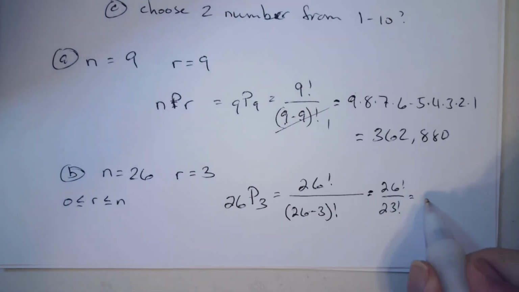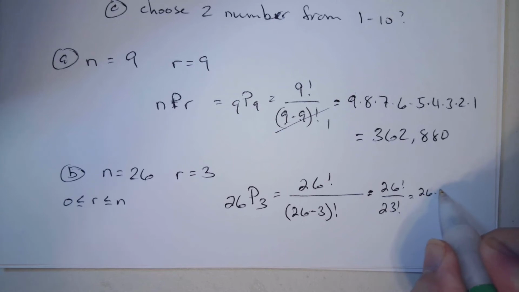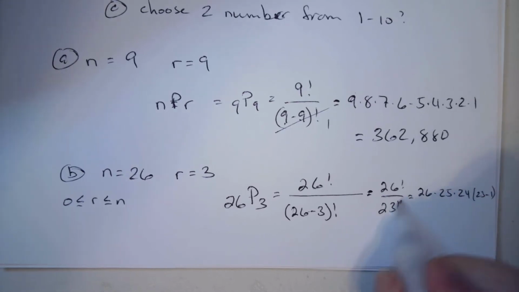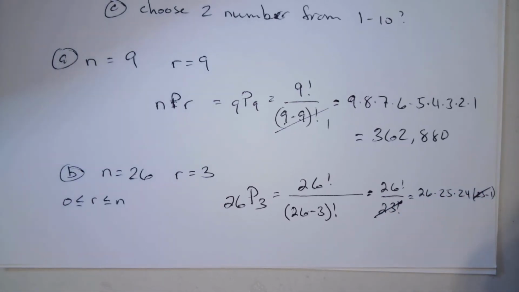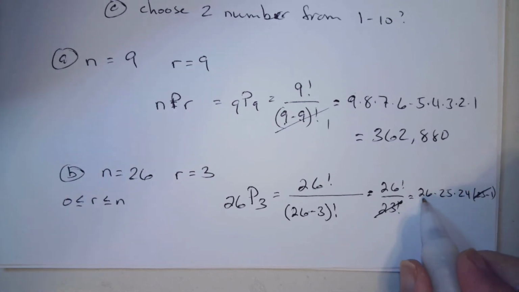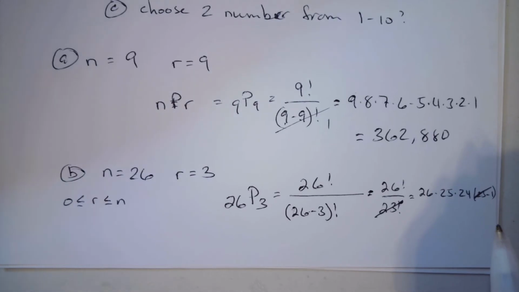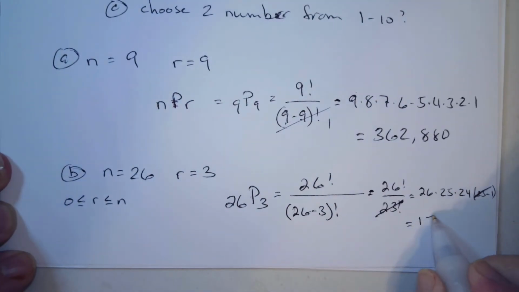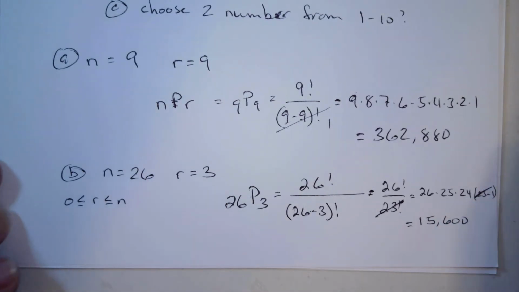Now, the beautiful thing is, in factorials and combinations, you can never have denominators. They always cancel. So 26, 25, 24, 23 down to 1 cancels with the 23 down to 1 in the denominator. All we're left with is 26, 25, 24. If we multiply those, we'll get 15,600.